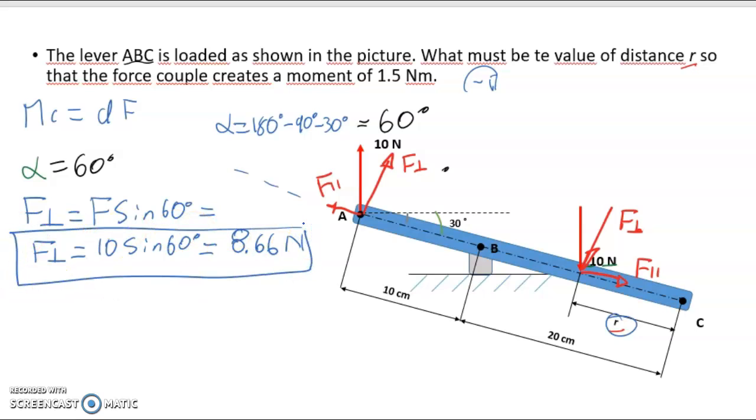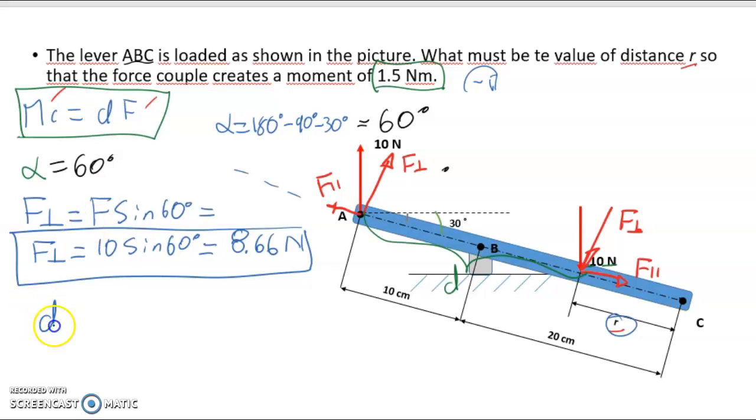If that's the value of the perpendicular force, and I already know the moment they have to create, this distance d can be easily calculated based on this equation. So I already know the moment Mc. I already know the force. We solve for the distance. Distance is going to be equal to the moment Mc over the force perpendicular.